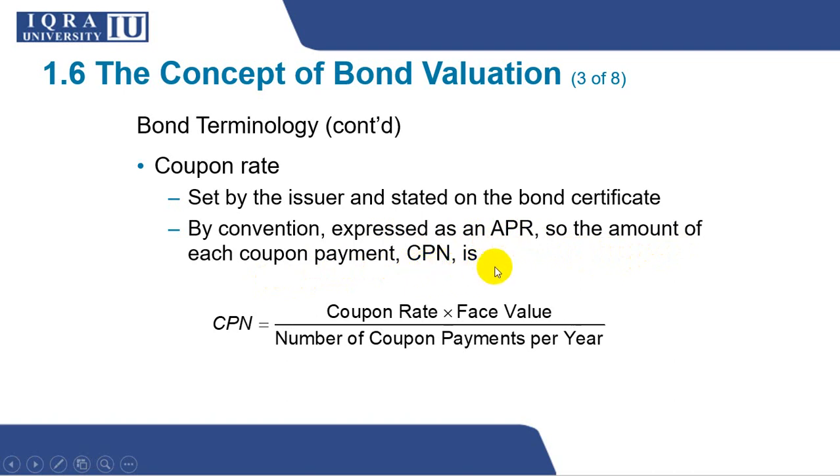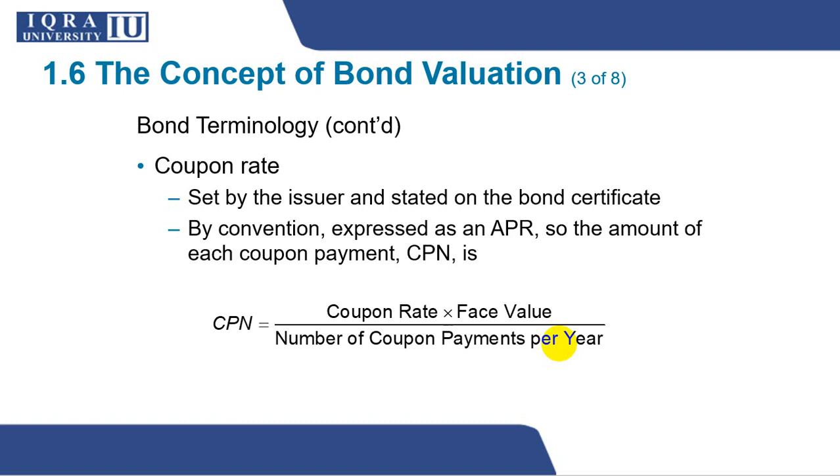So the annual payment for the coupon is the APR, and the payment itself is called CPN. The coupon payment is the coupon rate times the face value, divided by the number of coupon payments per year. It depends on what the issuer sets, whether the interest payment will be made once a year, twice a year, three times a year, or four times a year.